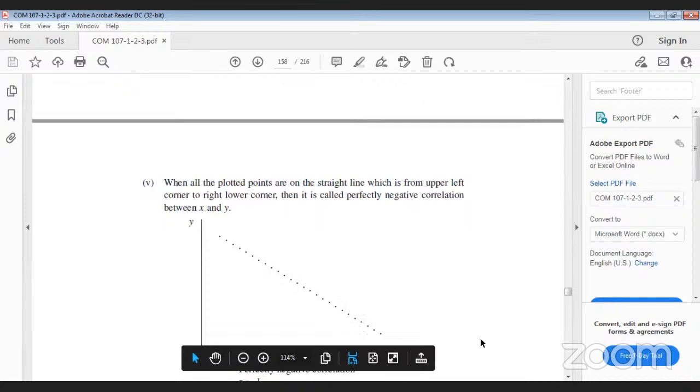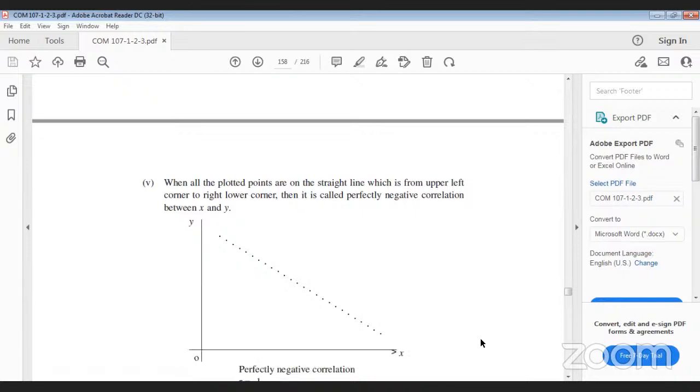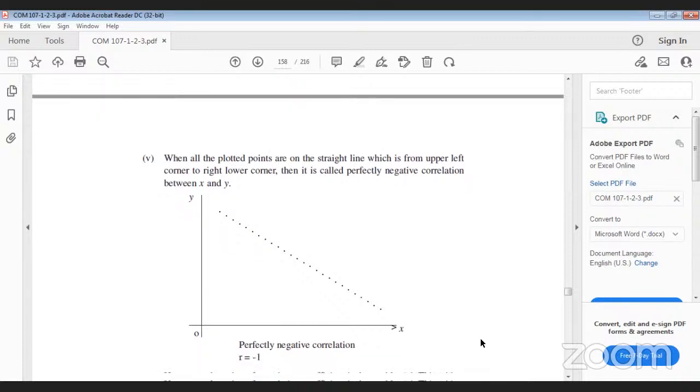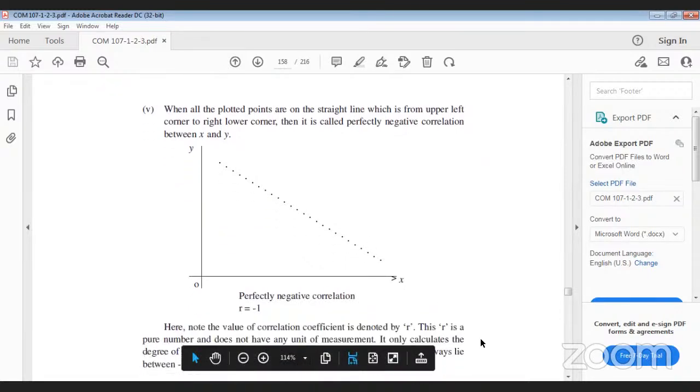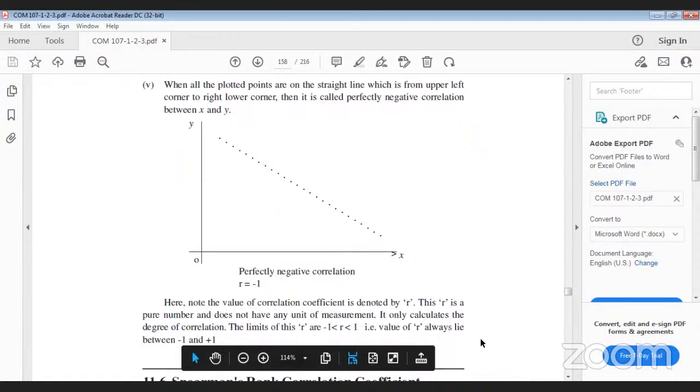You will see the figure here, r is equal to -1. Here 0 is the origin of x and y, and all the plotted points are on the straight line from the upper left corner to the lower right corner. It is called perfectly negative correlation, or correlation is equal to -1.